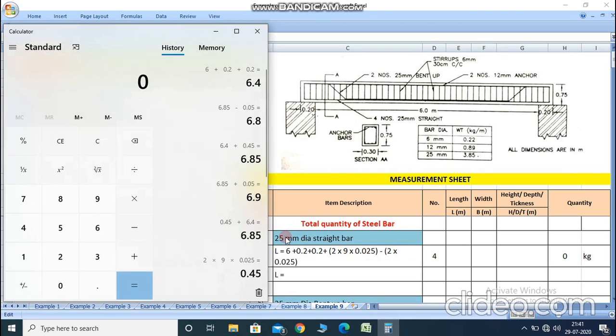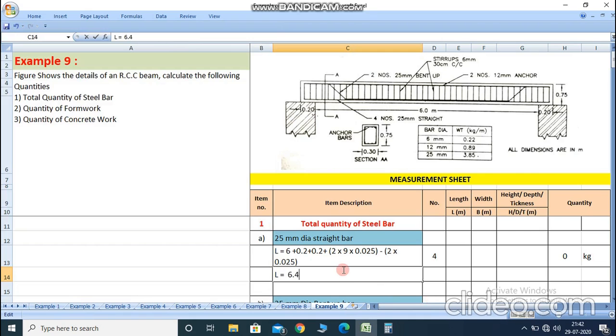Then 2 multiplied by 9 multiplied by 0.025, the answer is 0.45, and 2 multiplied by 0.025, the answer is 0.05. All three values we got: 6.4 plus 0.45 minus 0.05.